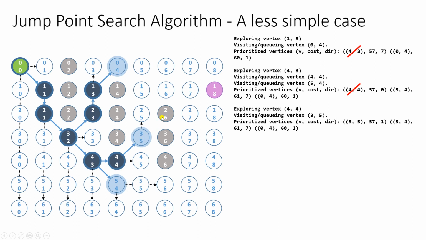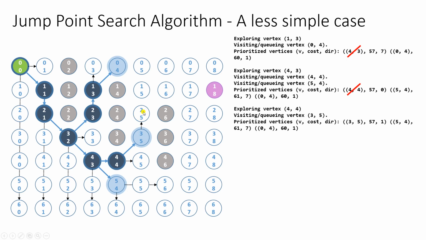That's also an obstacle. You see, you cannot make a connection between 3, 5 and 2, 6. 2, 6 would have to be a free vertex to declare vertex 3, 5 a jump point by itself. But it's not like that, so vertex 3, 5 is indirectly declared a jump point because its successor vertex 2, 5 will be a jump point.